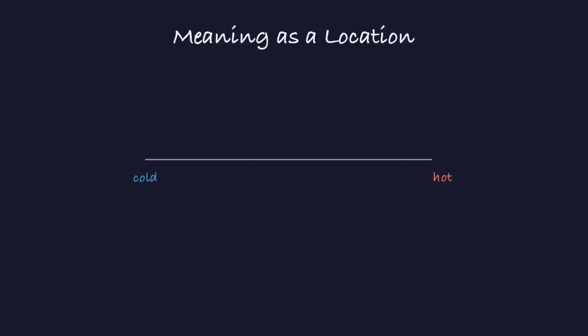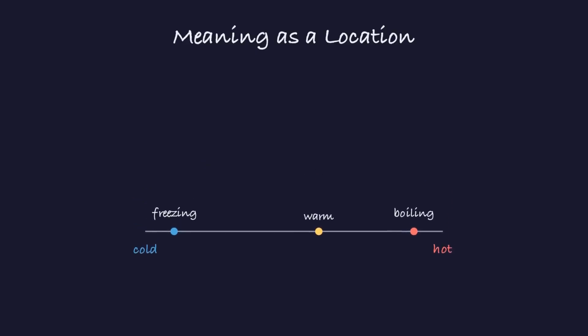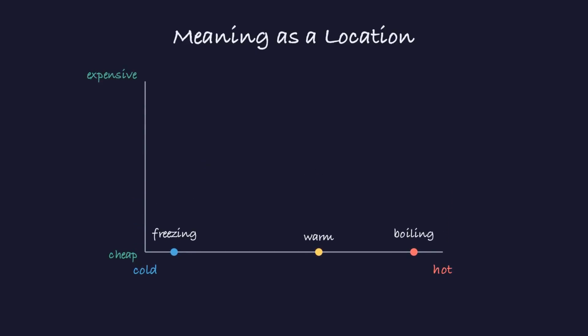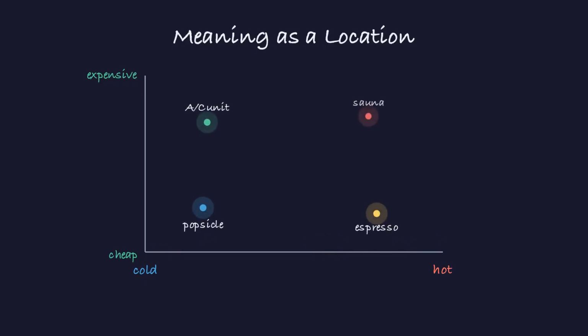Start simple, one dimension. A single line from cold to hot. Freezing sits at one end, boiling at the other, warm in the middle. That line captures one aspect of meaning, temperature, but words have way more than one, so we add another axis, say cheap to expensive. Now every word is a point on a 2D map, capturing two qualities at once.